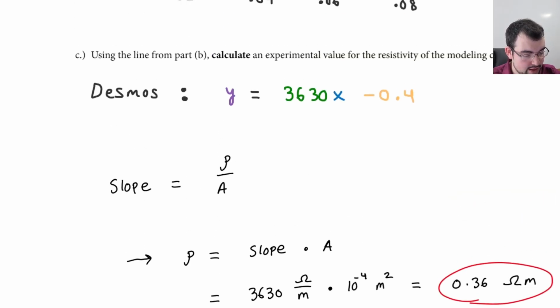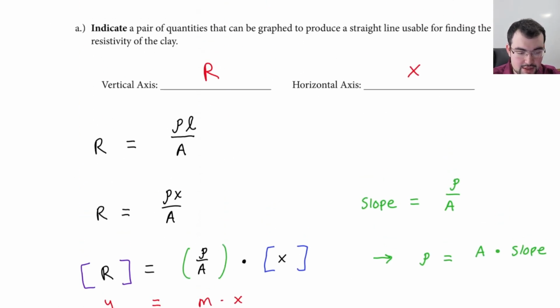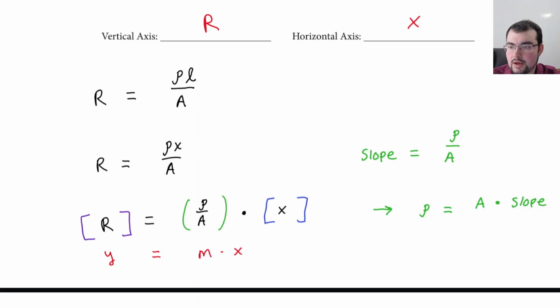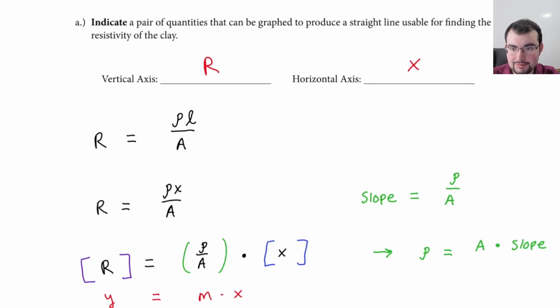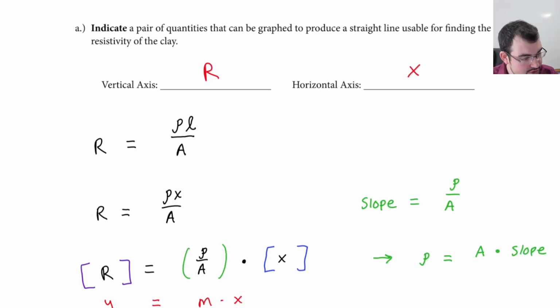So that's everything there. And also I should note that this is not the only linearization. There are some of you that I will call slope purists. I change which one I am depending on the year. You only want the answer to be your slope, so you do some algebra ahead of time. So actually, if instead of graphing x, you graphed the quantity x divided by A, that would make your slope the answer to the question, and you'd just have to best fit, and you don't have to do anything else.